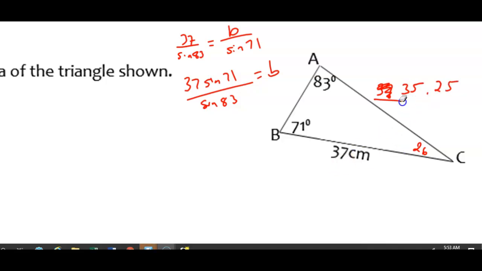So now I have side angle side. I know you did the video with me; I think I found C first and then did that, but we should get the same thing. So area equals 1/2 times 37 times 35.25 times sine of 26.